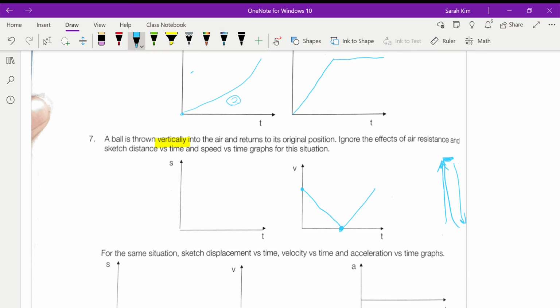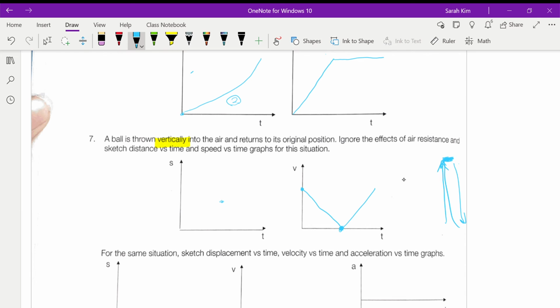Okay, let's have a look at my distance graph. At the maximum height, it's not gaining any distance, it's instantaneously not moving. So at the halfway point it's going to stay stationary instantaneously. Before and after that, it is going to be covering some distance, and it's not going to be a straight line, because the velocity is increasing and decreasing.